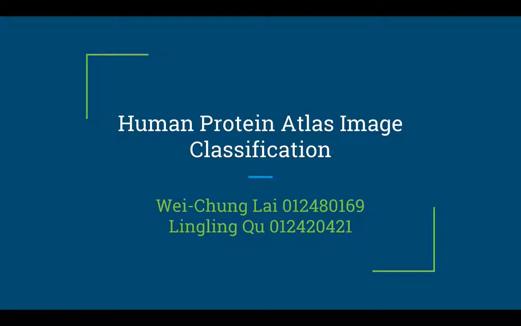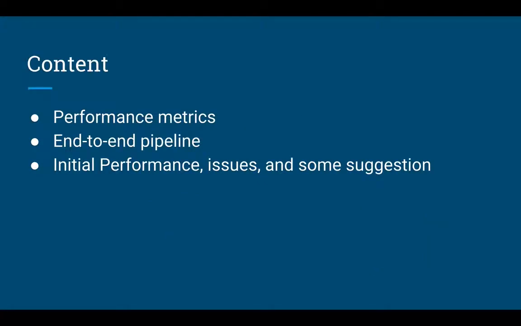We need to train a model that will allow us to do so, and hopefully by showing the results and the performance metrics we use, we will be able to show how well our model performed.